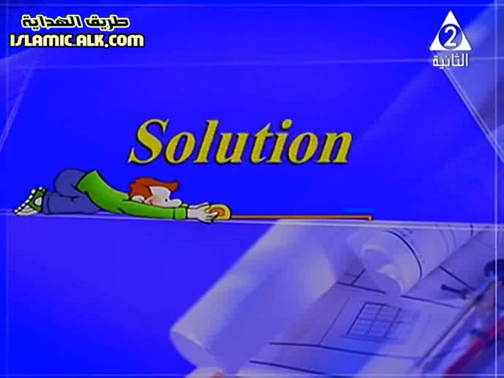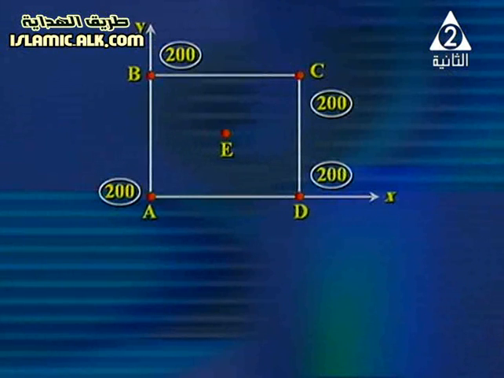Solution. Dear student, we have square ABCD, four masses, 200 each, at A, B, C and D. Remember, the center of gravity of a square is the intersection of the two diagonals at point E.